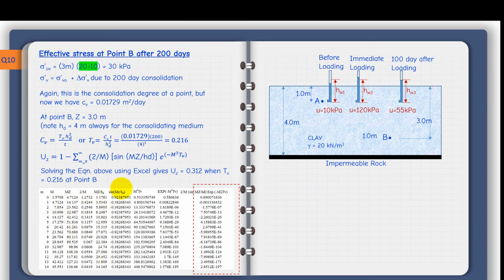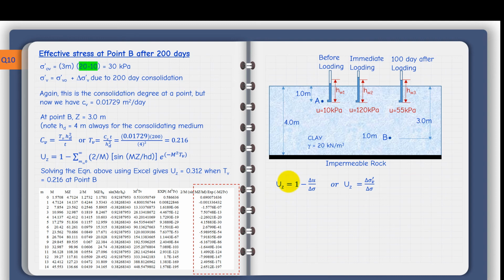So we can just substitute in all these parameters, and the summation here, obviously for more values than the ones that I'm showing here. And when you solve for this, the degree of consolidation at point B has just been calculated as 0.312. That corresponded to time factor 0.216. We are close to getting to the bottom of this.